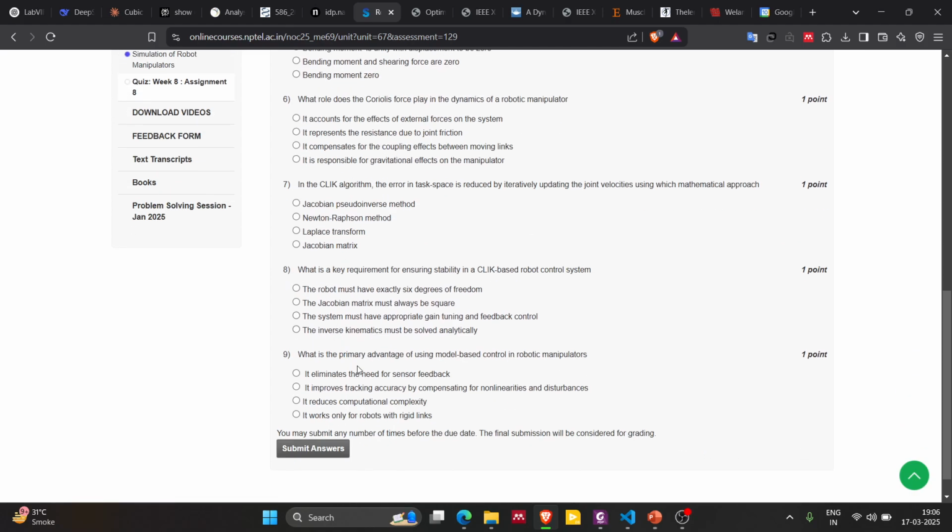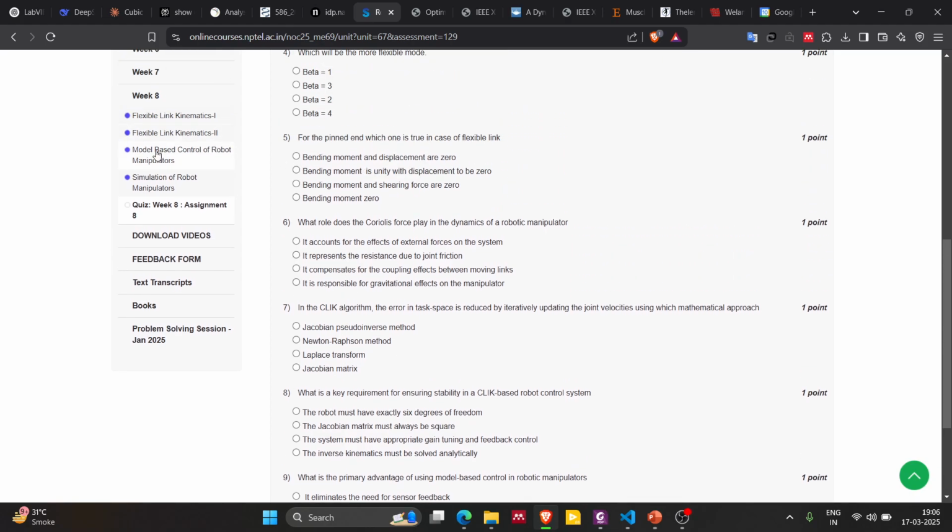There is also some revision which we have already gone through in the last two lectures, the model based control of robot manipulators and the simulation.